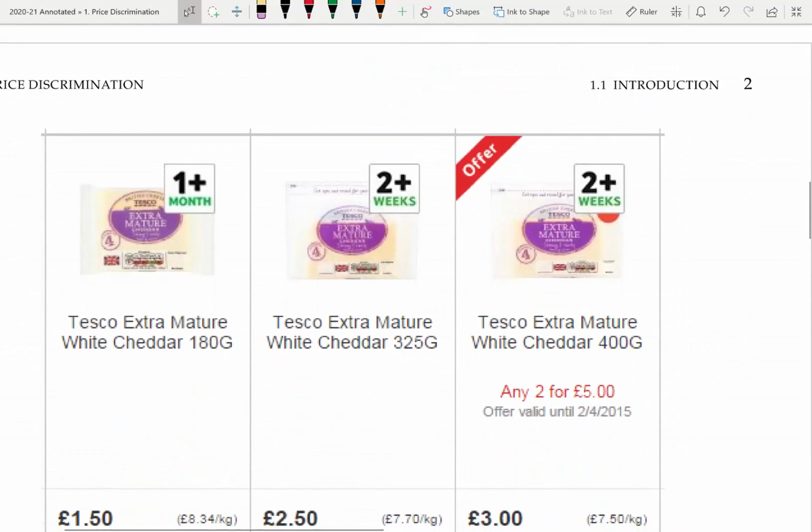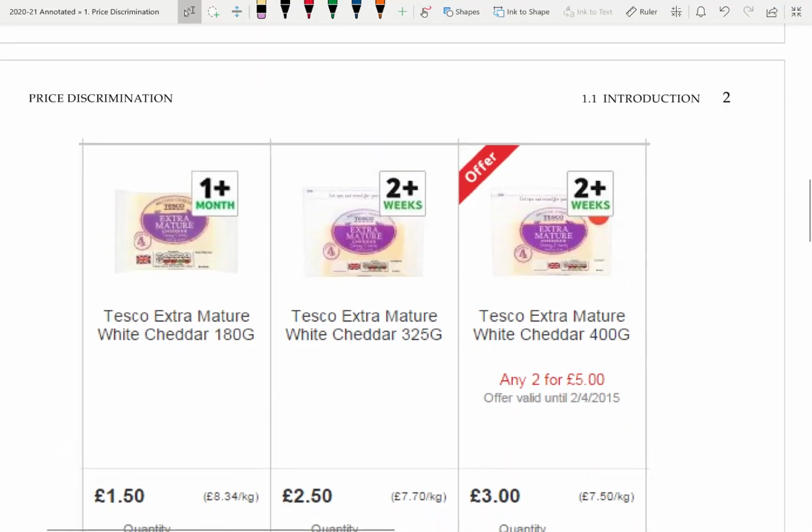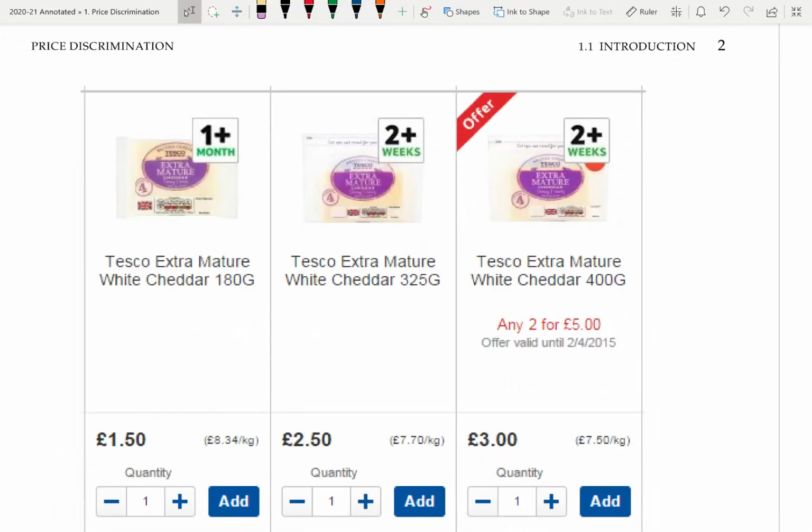Okay, so let's look at the next example. So here we have something you face quite often when you go to the grocery store. So here we have the price for Tesco extra mature white cheddar, and you'll see that there are 3 different size blocks of cheese. And we can see the prices here for each size.